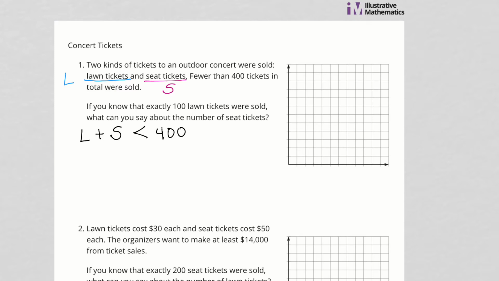Okay, so do we want our lawn tickets to be the X or Y axis? The X. So let's say lawn tickets down here, and seat tickets over here. Okay, so we're going to put our 0 in here.